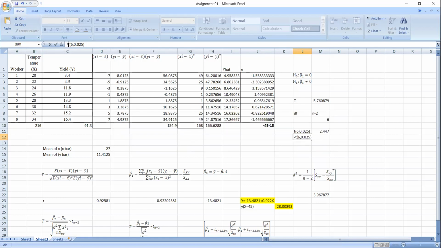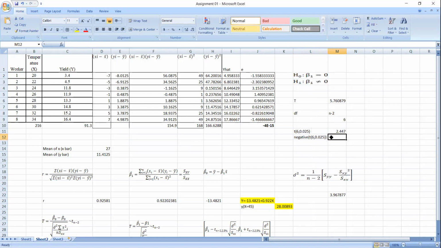Since I put a minus value here, I'll take this as the negative value of this one, to take the table value of the other side. So you can just take it as the negative value of this, that is minus 2.447.